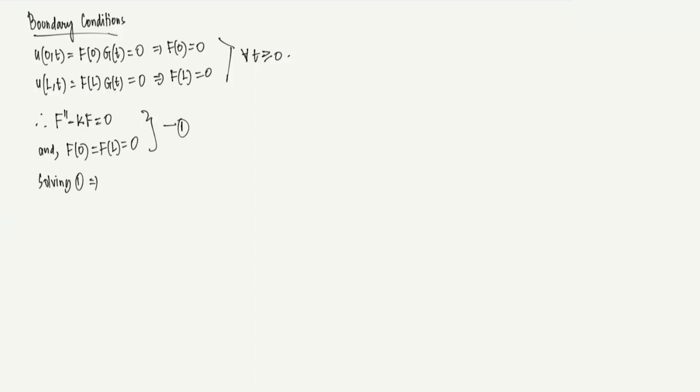The solution in this case looks like this: f_n of x equals sine of n pi by L times x, where n equals 1, 2, and it goes on. That is your f_n of x. You remember we learned how to solve the Sturm-Liouville problem, exactly like this, for negative, positive values.